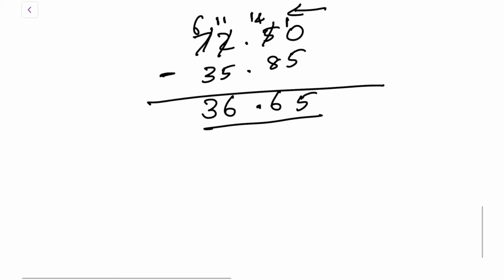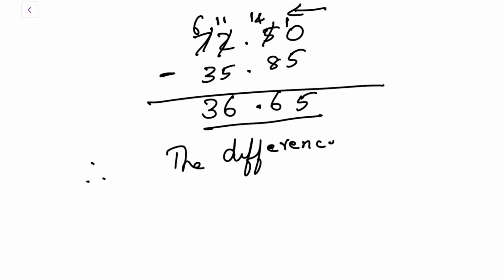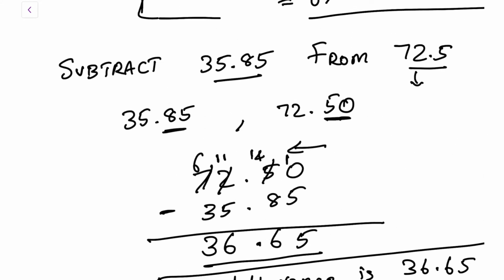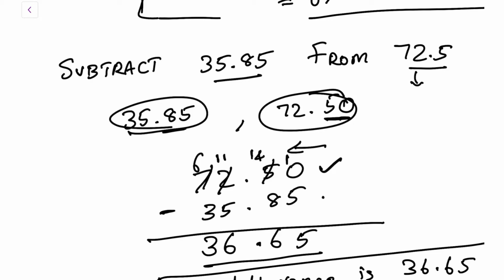Therefore, the difference is 36.65. This is how you can do subtraction of decimals. As usual, convert to like decimals, write the bigger one on top and the smaller one below it, and do the regular subtraction.